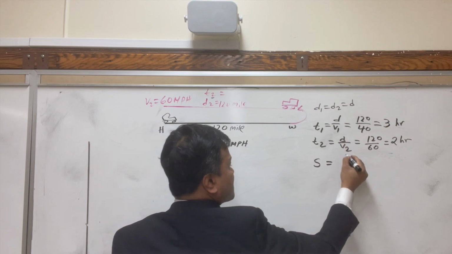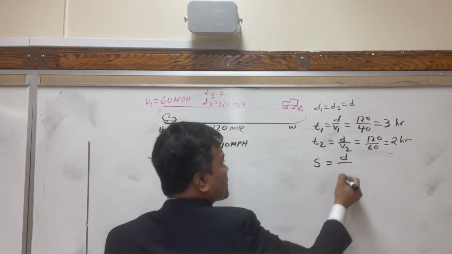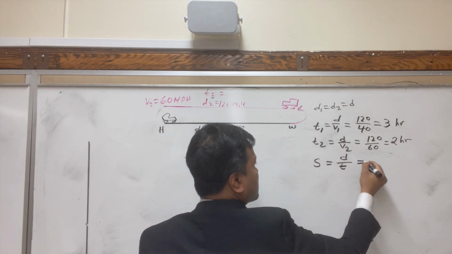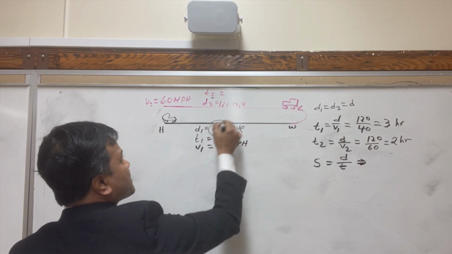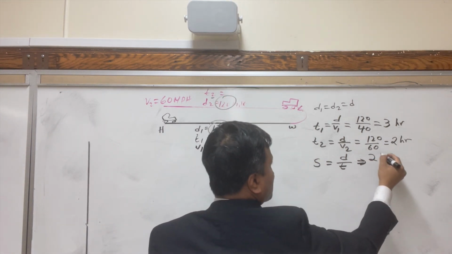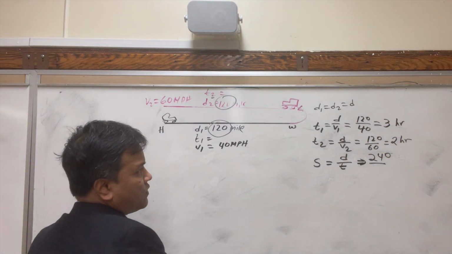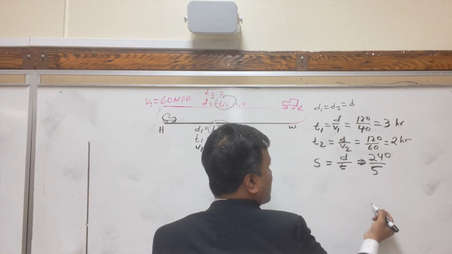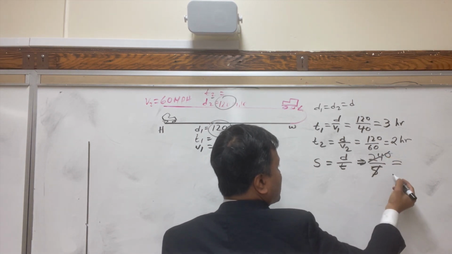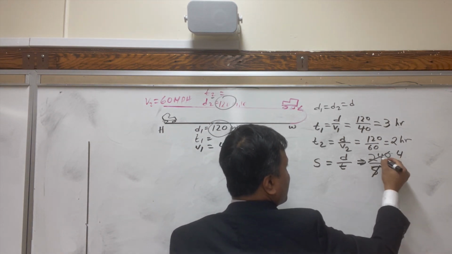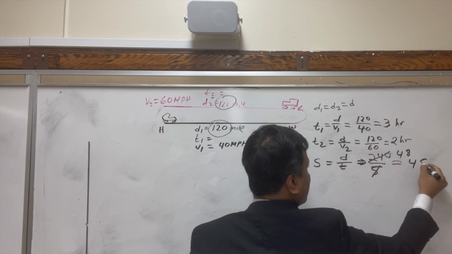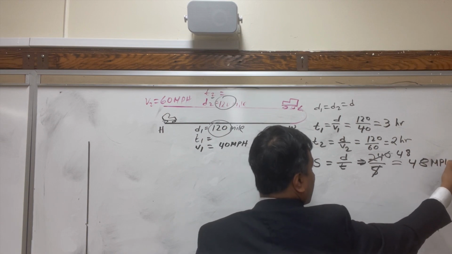Speed is total distance over total time. Total distance is 120 plus 120, 240. Total time is 3 plus 2, 5. So 240 over 5 is 48 miles per hour.